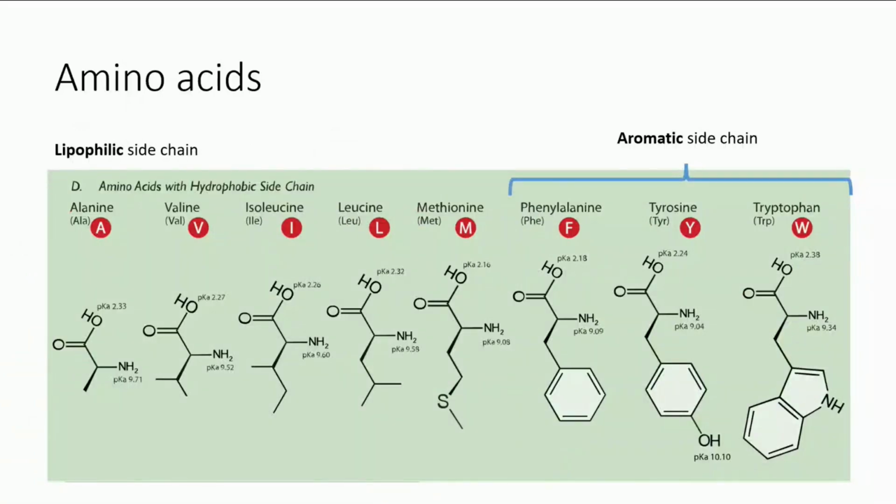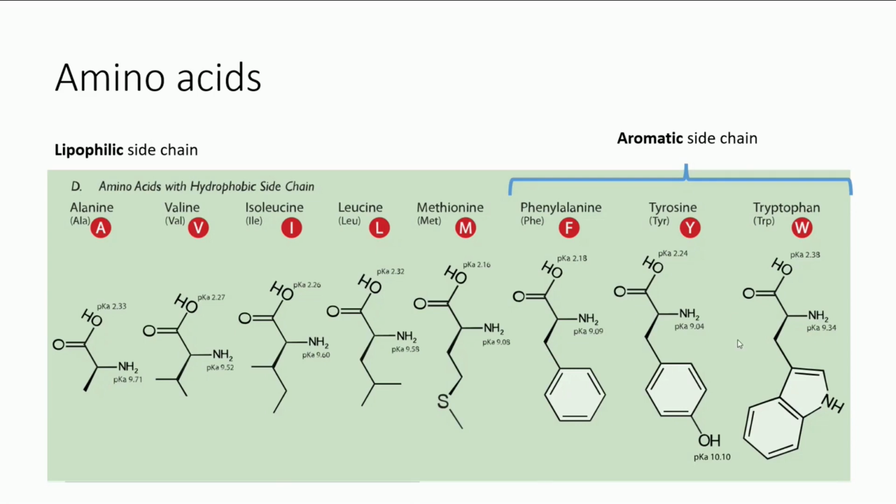And we should not neglect the aliphatic and aromatic amino acids that belong to the group of lipophilic amino acids, and they are represented by the simplest one, which is alanine, or some more branched amino acids such as valine, isoleucine, leucine, or methionine.